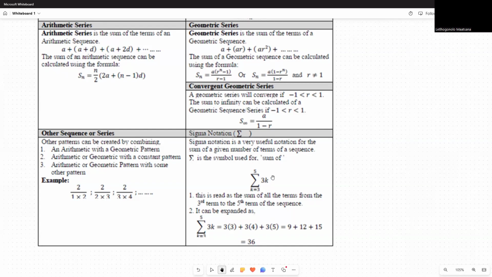Now, maybe they gave you big numbers here, maybe with k you're going to start at 1 and end at, let's say, 100. Doing this would be too much work. So you would look at your series and identify whether it is an arithmetic series or a geometric series.